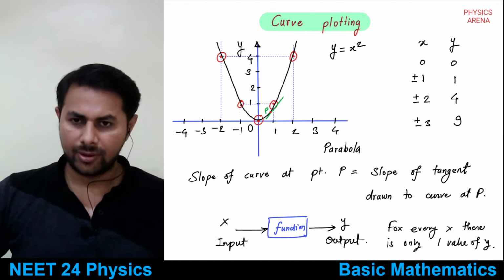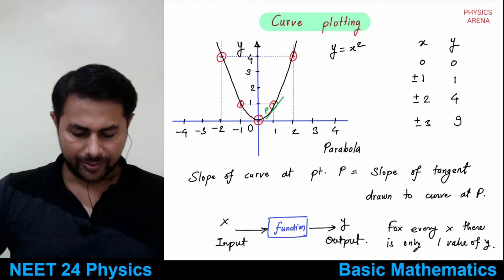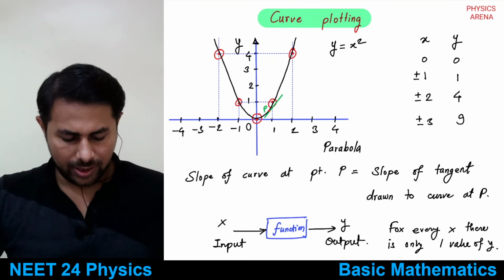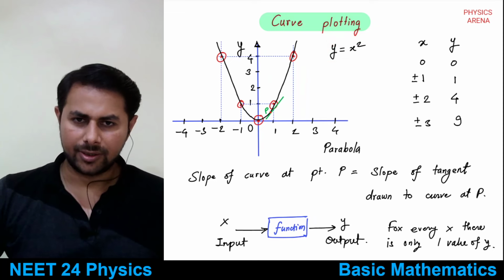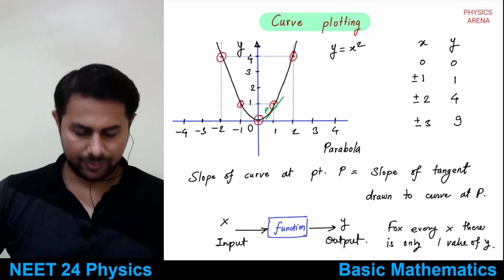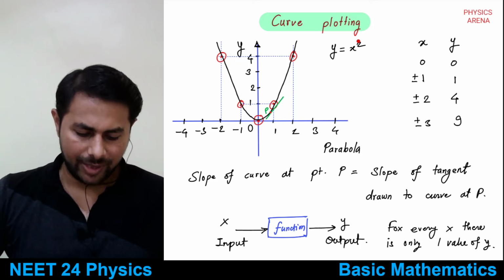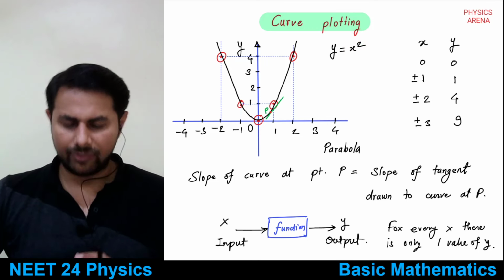When is it known as a function? When for each value of x you get only one value of y.